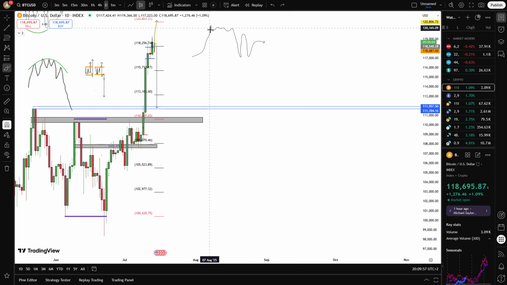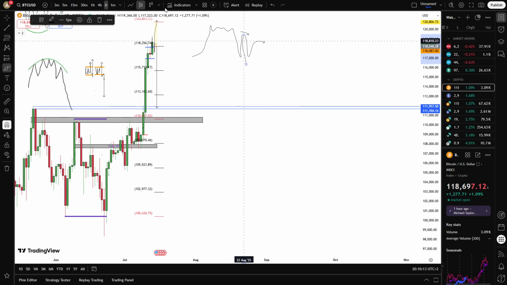But when you're at this stage, or even here, in my opinion, it's just not worth it to short. But when you've broken down and you retest that, or you make a logical lower high, okay, now it's really worth it to short, in my opinion, where you have a clear invalidation.